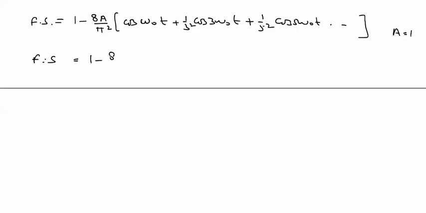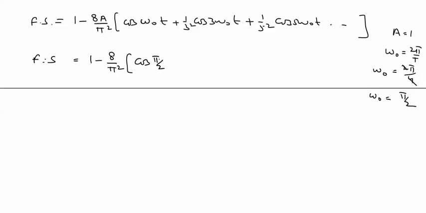1 minus 8 upon pi square cos of omega naught t. The value of omega naught is 2 pi upon capital T. Omega naught is 2 pi upon 4, so omega naught is pi by 2.